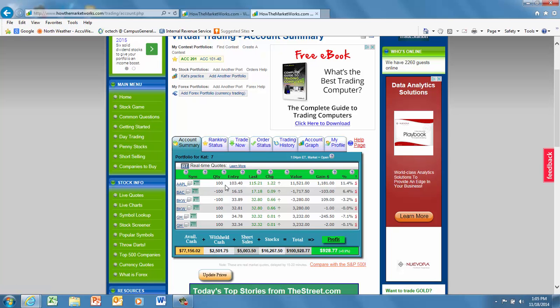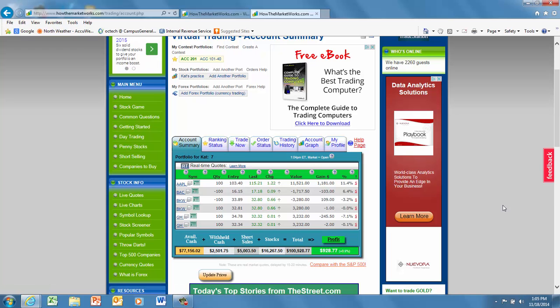I bought 100 of Apple at $103.40, and the last known amount is $115.21. And so I have a gain of $1,181 in Apple stocks, and that's what's giving me a $928 overall gain for my portfolio, because I've got a bunch of other ones that haven't done as well.